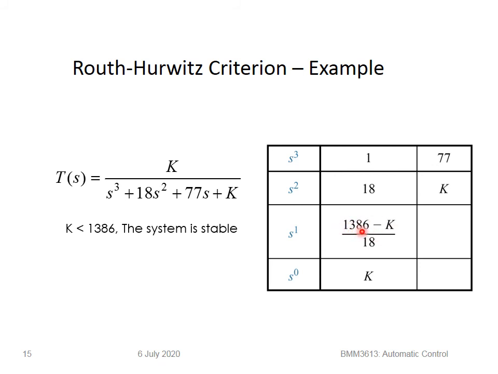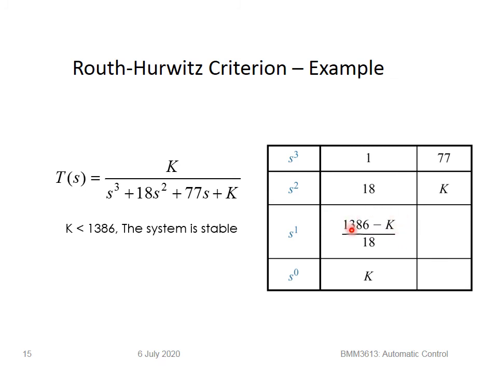So, for the value here, 1386 minus K, if K is smaller than 1386, what happens? That means this value will become positive, right? If it is positive, it means the previous two values have positive signs, they are all positive.